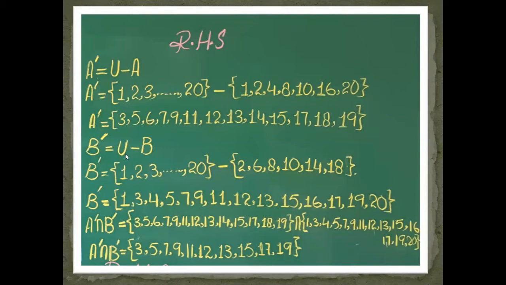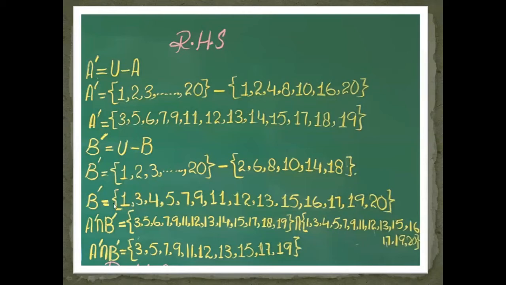B complement means U minus B. After taking the difference, write the remaining elements of the universal set, that is 1, 3, 4, 5, 7, 9, 11, 12, 13, 15, 16, 17, 19 and 20. This is the answer of A complement, and this is the answer of B complement.